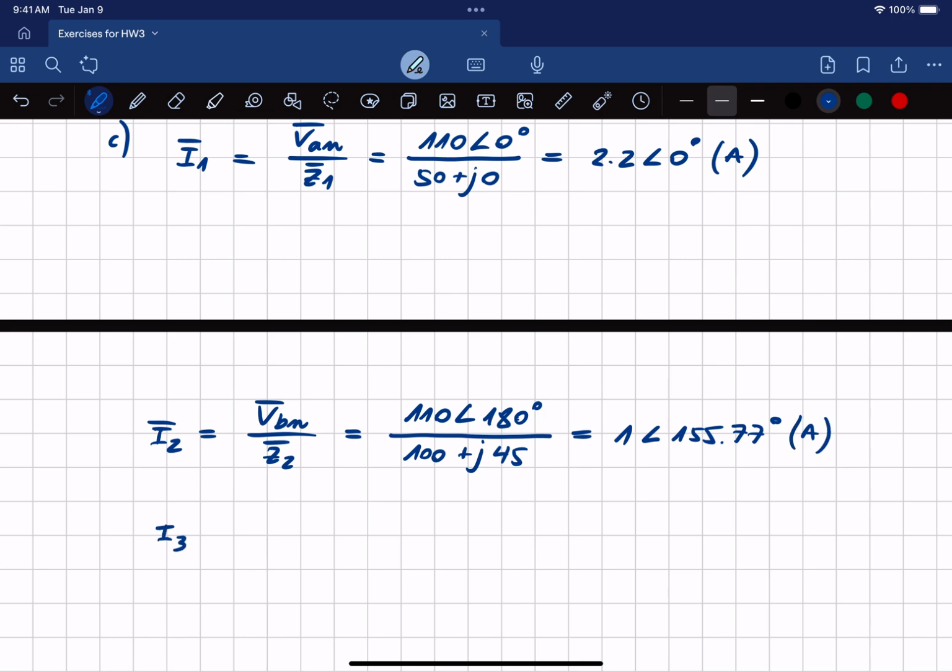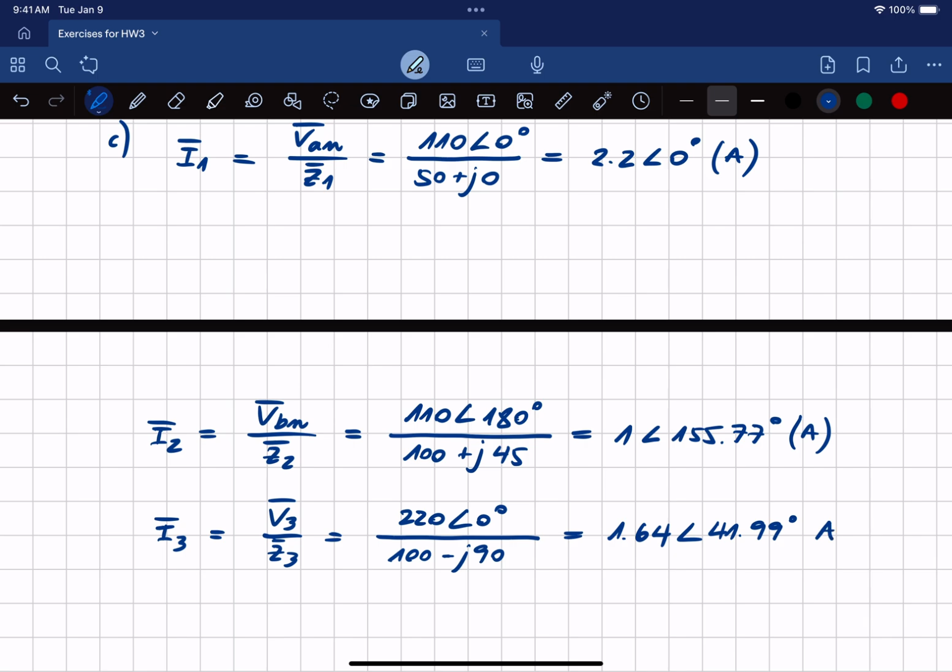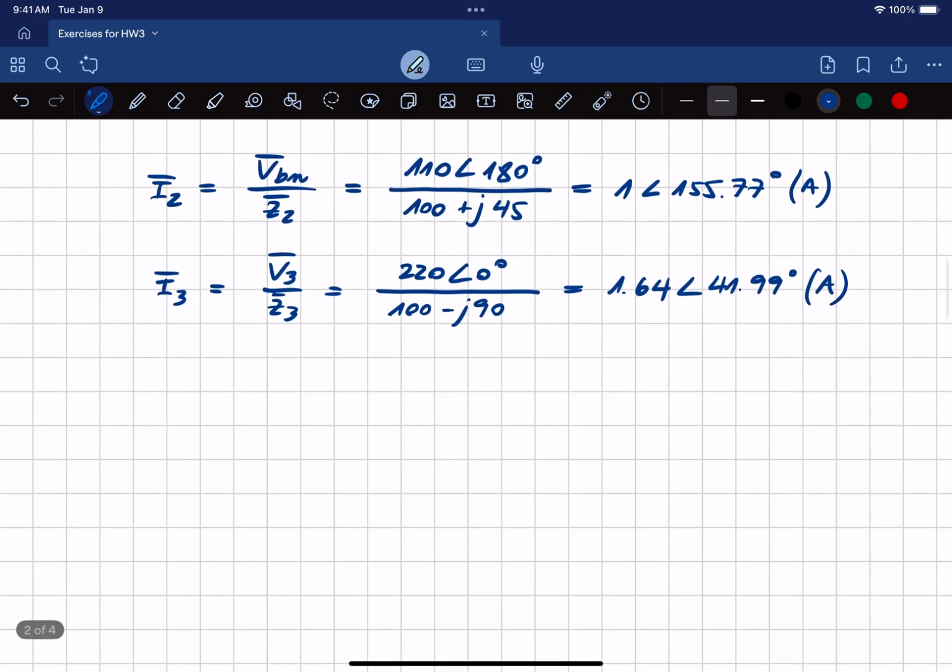And finally, I3, we already did this, C3, that is actually, we said 220 angle 0 divided by 100 minus J90. That calculation is going to give us 1.64 angle 41.99 degrees amps.